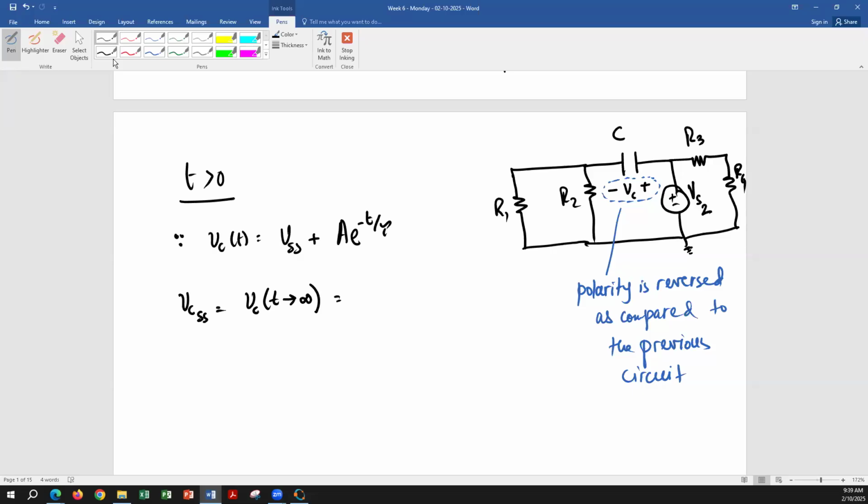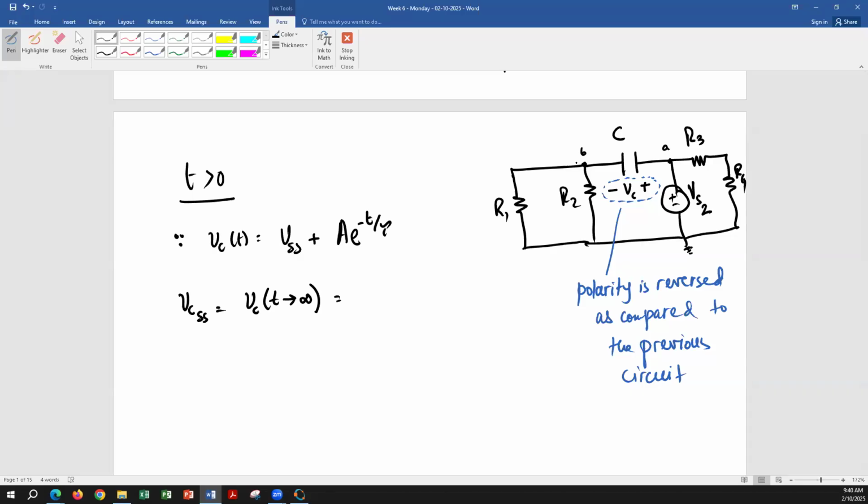So what's the voltage at the junction of R3 and VS2? Voltage here and voltage here. What is the voltage at VA, node A? VS2. What will be the voltage at node B?